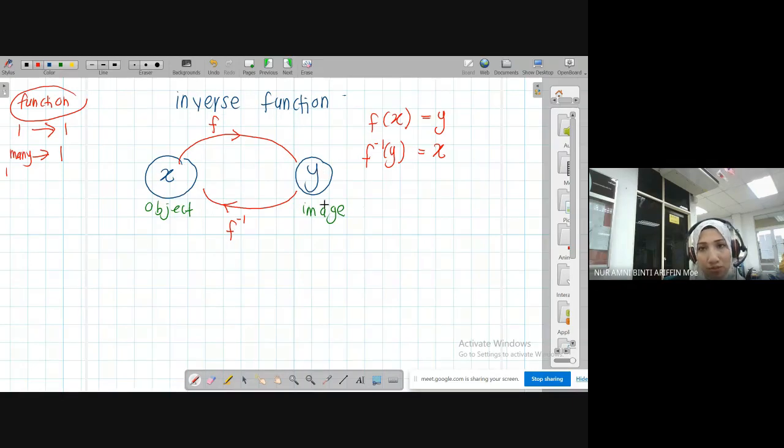Kalau untuk inverse, the question will give you image, and then you have to find the object. So this is for the inverse. Contohnya, saya bagi soalan yang senang. Okay, in the diagram, we have x.